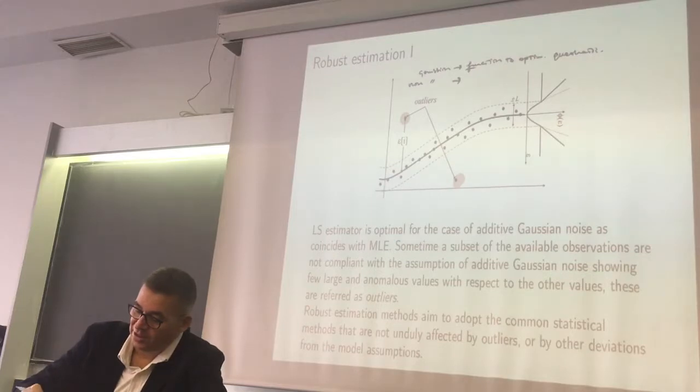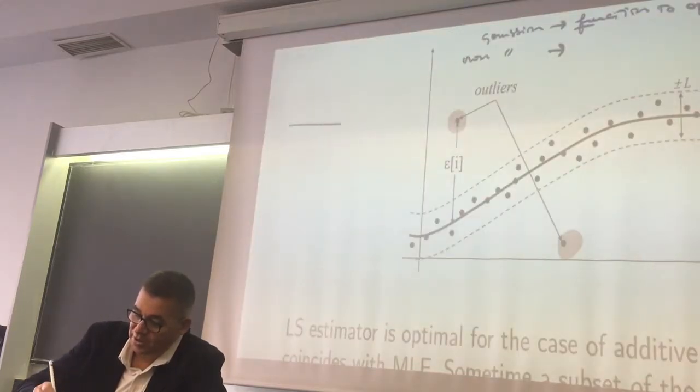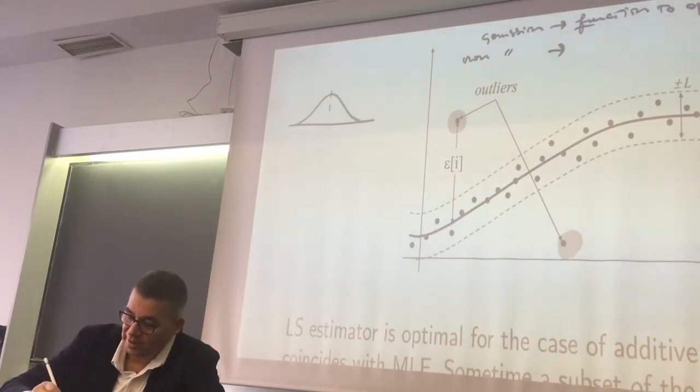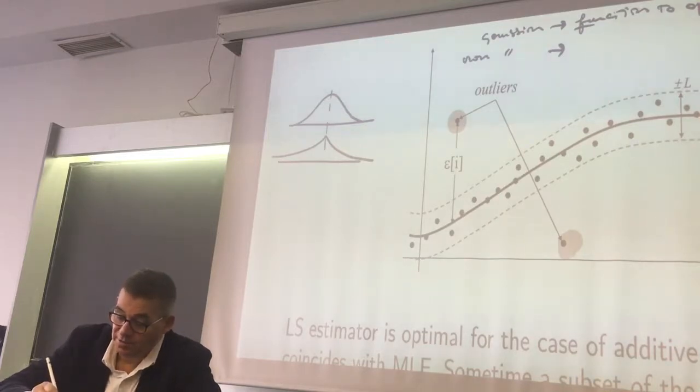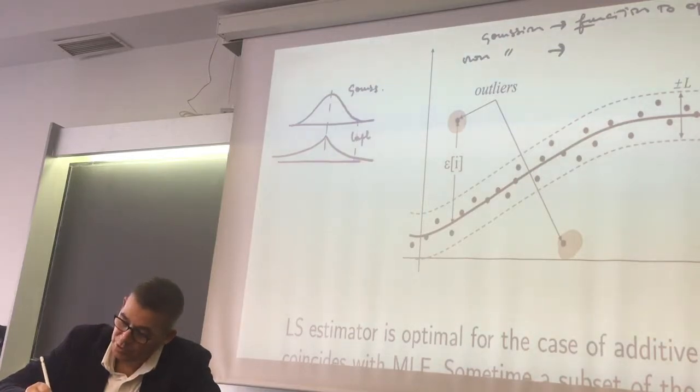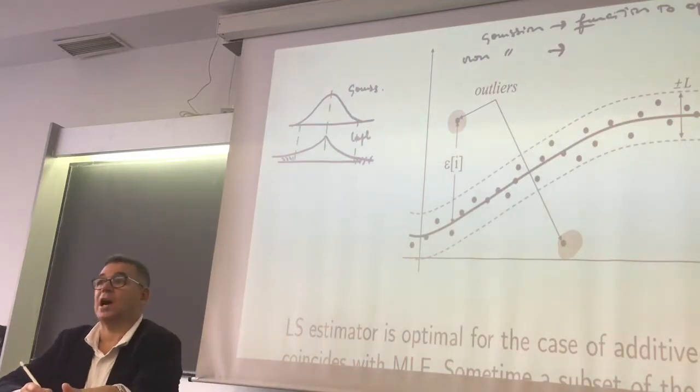Now, if you look at the difference between Gaussian and Laplacian, the Gaussian distribution is smoother than the Laplacian, which for the same power is exponentially distributed. So if this one is Gaussian, this one is Laplace. That means that in the Laplace distribution there are, with high probability, samples with large amplitudes.